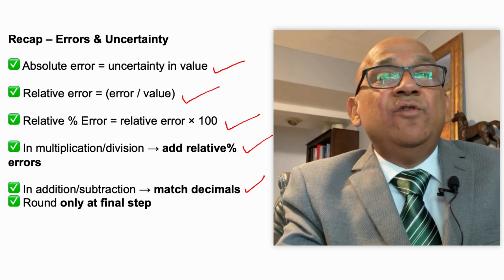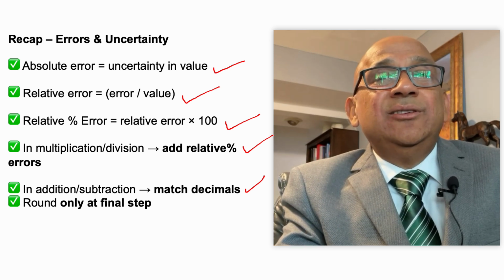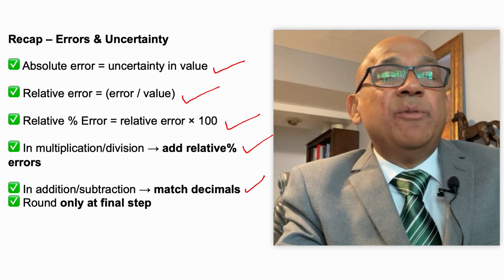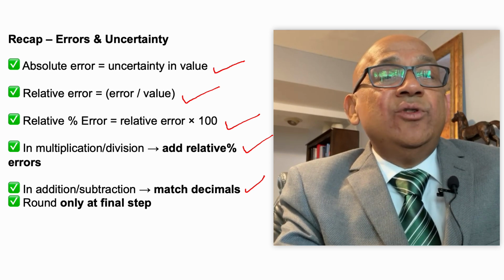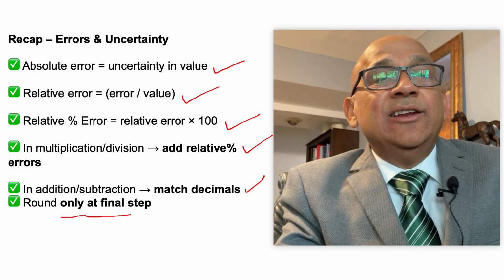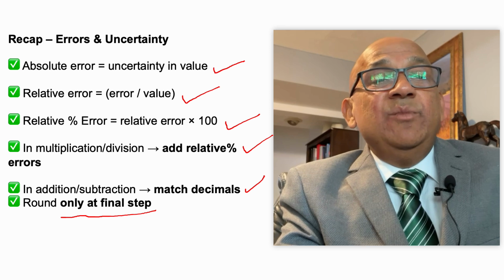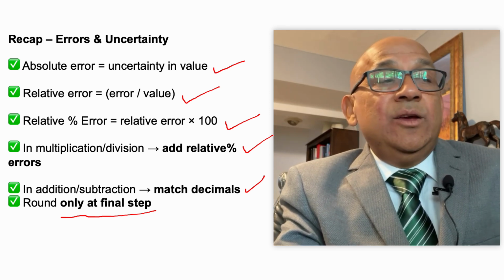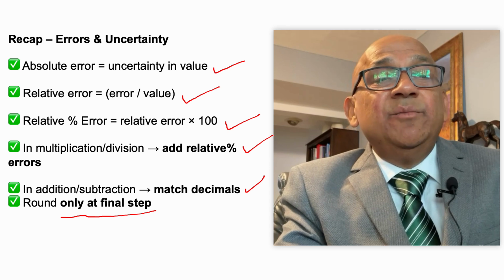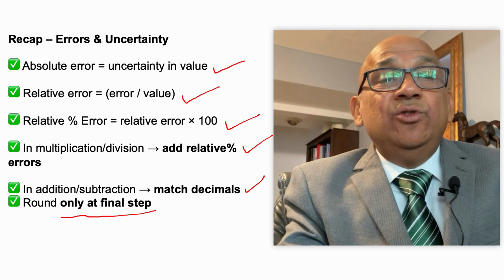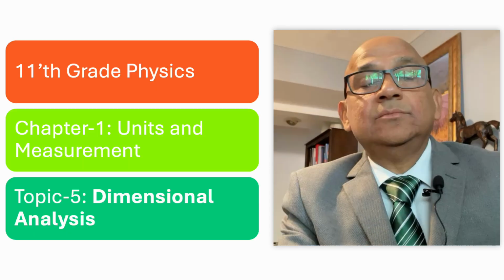And one thing you should always keep in mind on all these operations is that you should round numbers only at the final step. In the intermediate steps, you don't round it. Rather, you keep your significant digits plus one extra digit. Otherwise, there can be rounding errors.